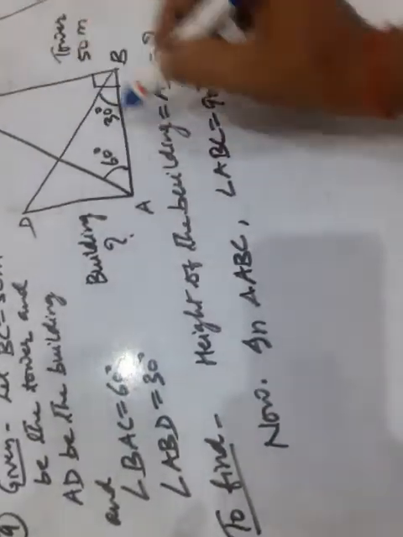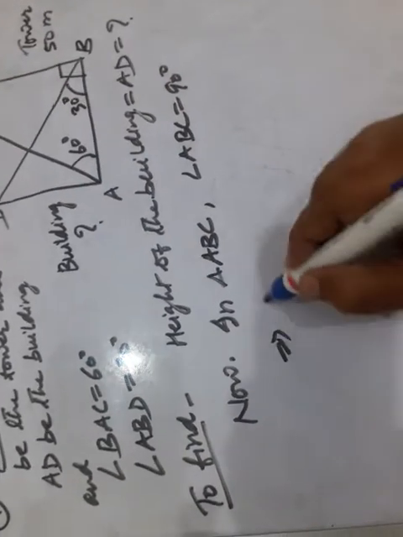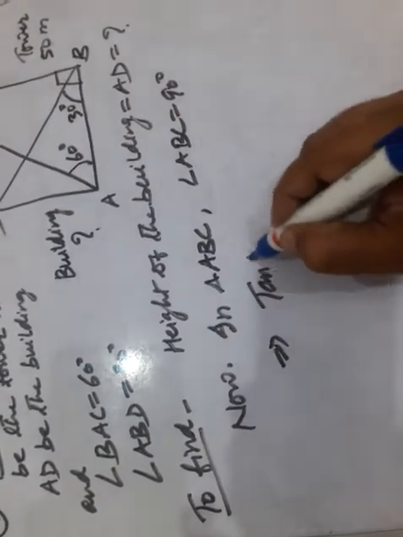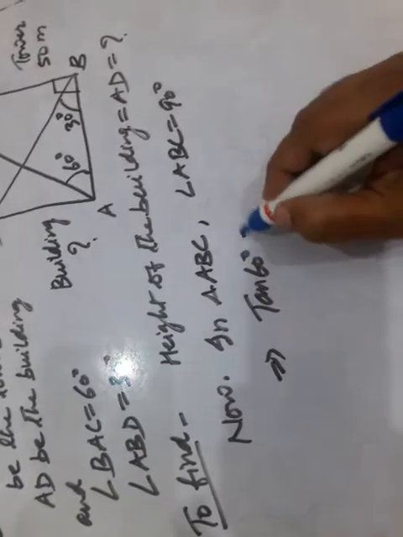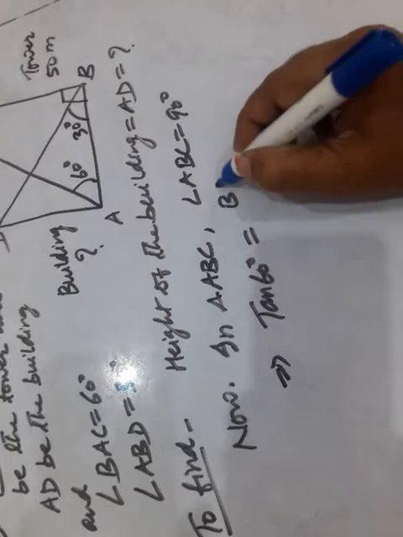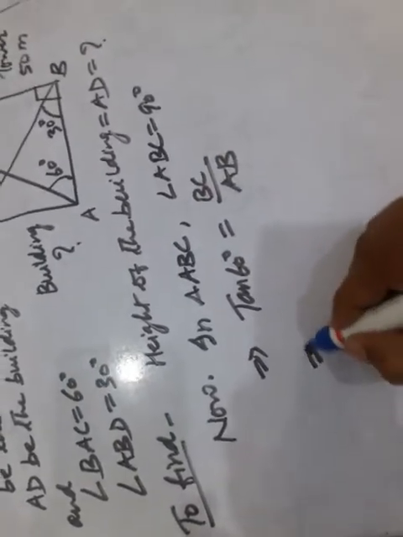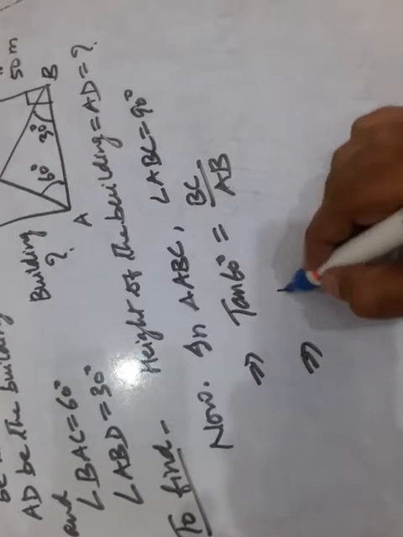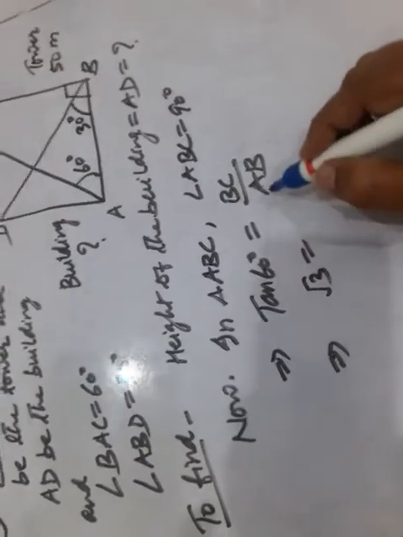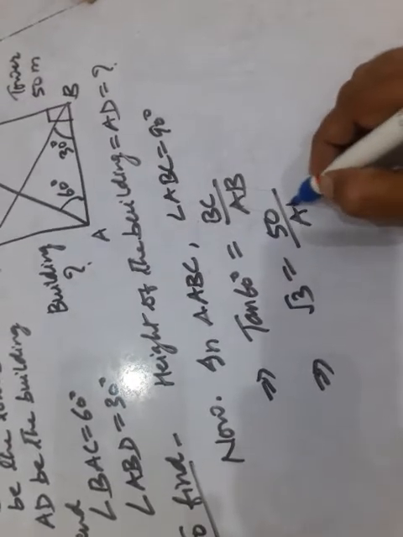Then in triangle ABC, this 60 degree is an acute angle. This implies that tan 60 degrees equal to what? That is perpendicular upon base, that is BC upon AB, right, children? This implies tan 60 degrees equal to root 3 equal to BC, which is given to be 50 meters, upon AB.